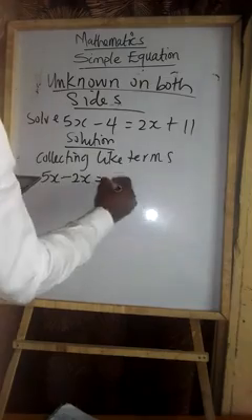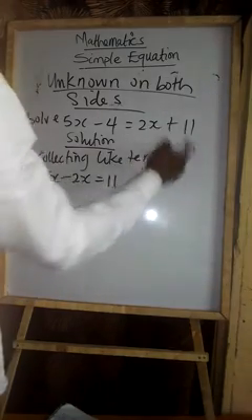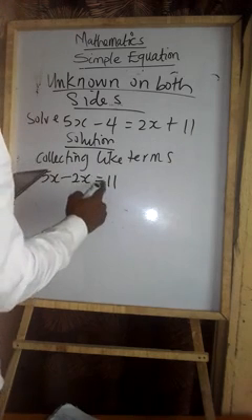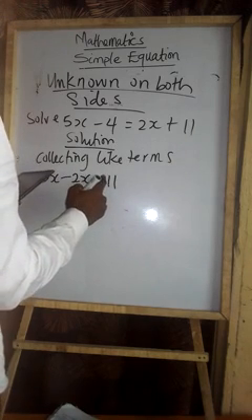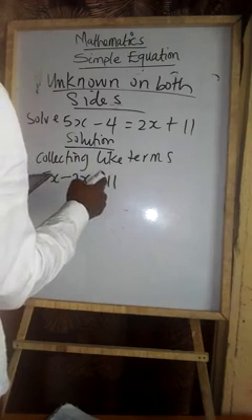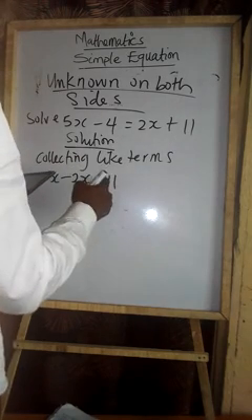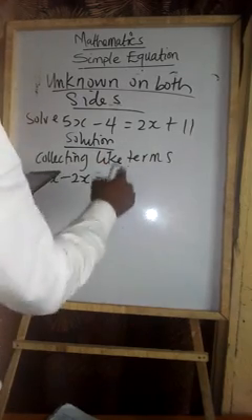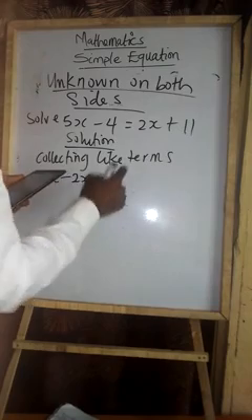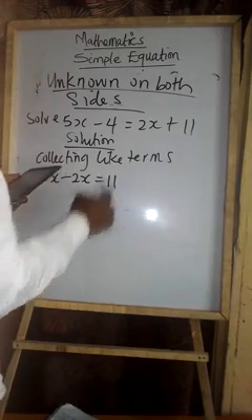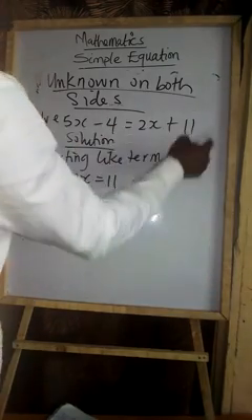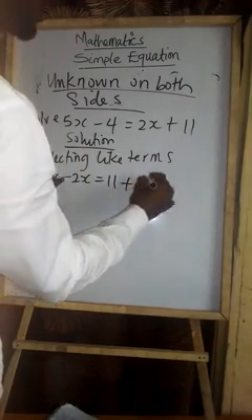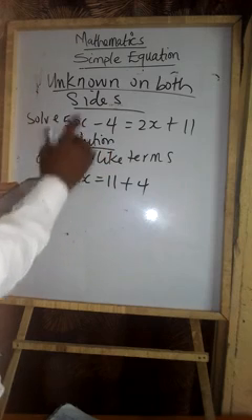So I have this 11, it's positive 11, so there's an invisible positive here. Once you have a number with no operator written in front of it, it definitely means that constant is positive. So as this one is positive 11, this is actually going to this other side. Once it crosses to this side, it becomes plus 4. It is no longer minus 4.